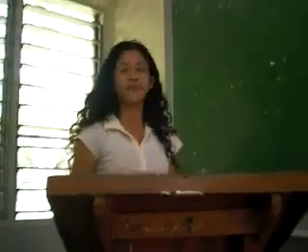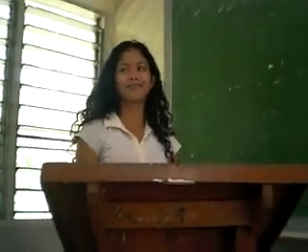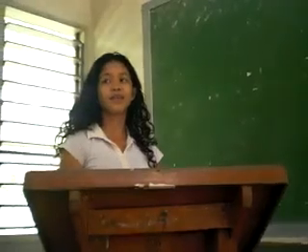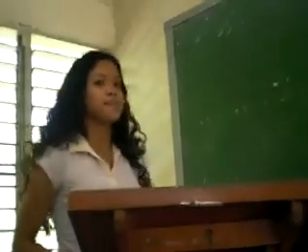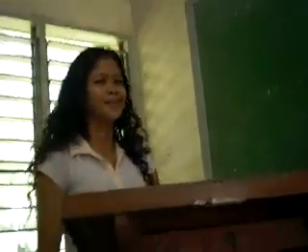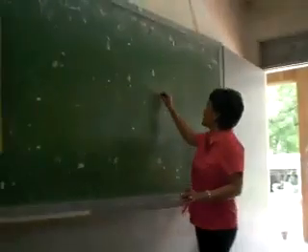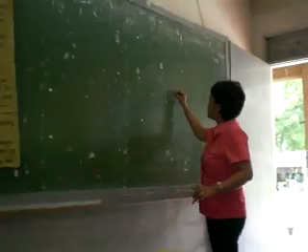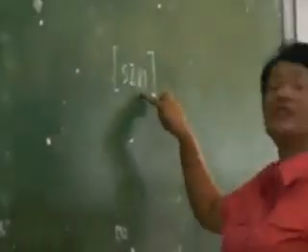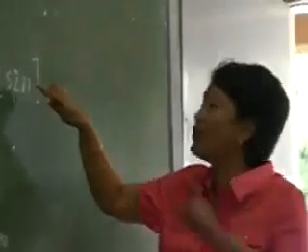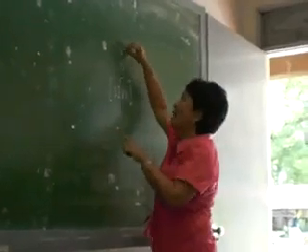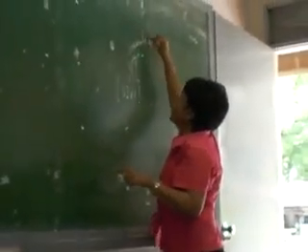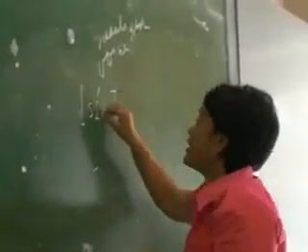Okay, so dissimilation is the opposite of assimilation. In assimilation, the sound will be similar to its environment. For example, in the word sin, this sound is nasal, so this one becomes a nasalized vowel because of its environment.